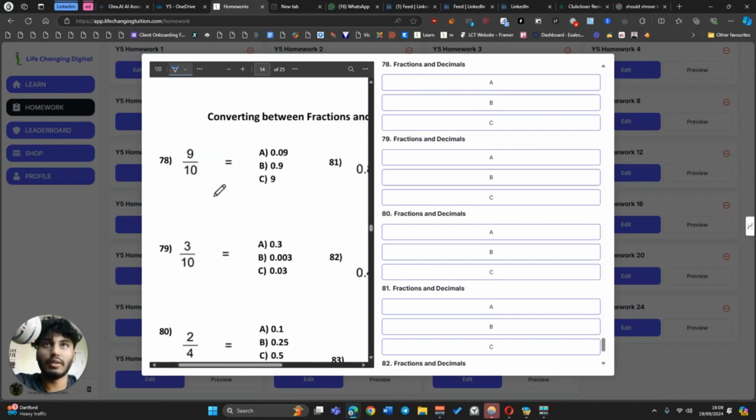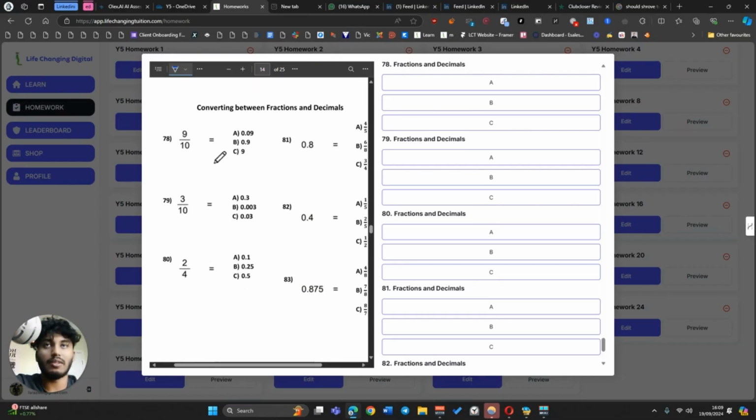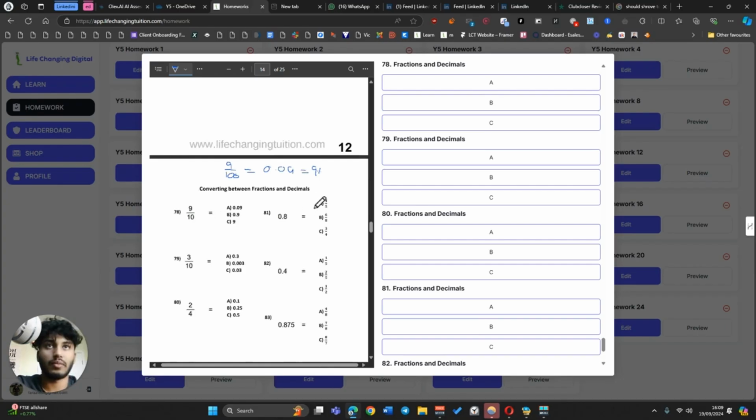Okay, converting between fractions and decimals. Got 9 over 10. So if you think about anything over 10, the easiest way to think of a decimal, this is equal to that, or 9%, right?